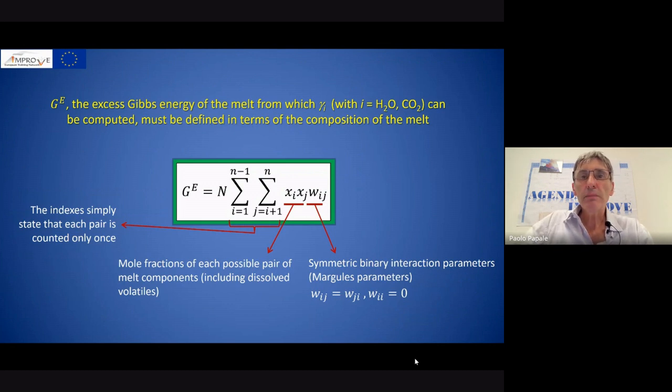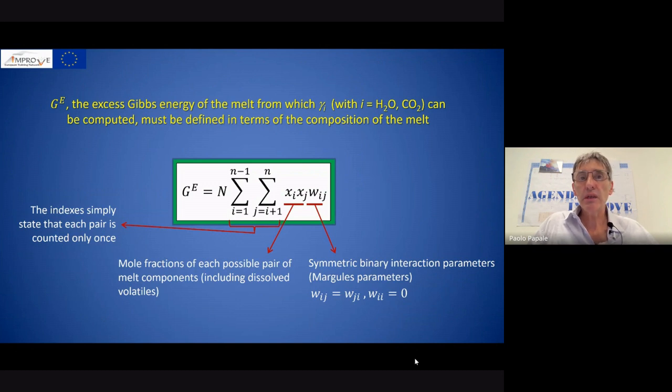Here, the Wij parameters express in an effective way the attractive and repulsive forces originating from each pair of components in the mixture. The binary interaction parameters, Wij, can be symmetric, meaning that the interaction of the component i with the component j is the same as the interaction of the component j with the component i. Or they can be non-symmetric.